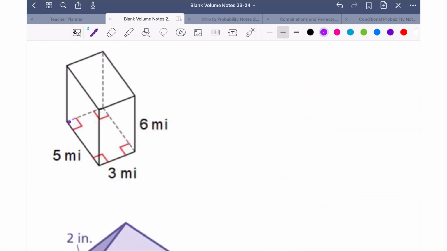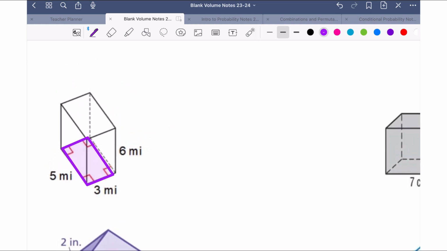This is a rectangular prism. The base is a rectangle here. And so the formula is that volume equals the area of the base times the height. So let's do our side work. Base times height for this rectangle.